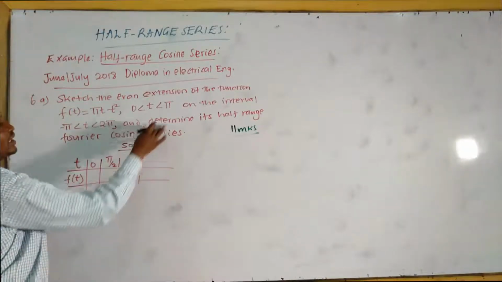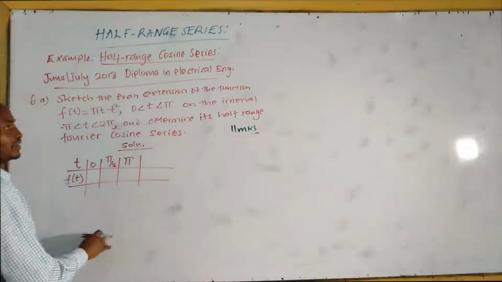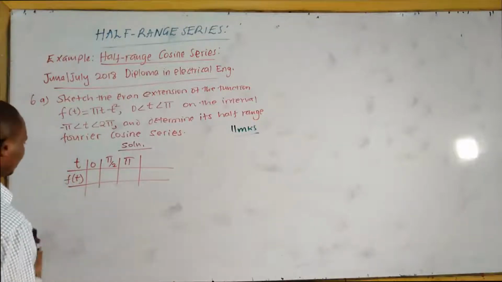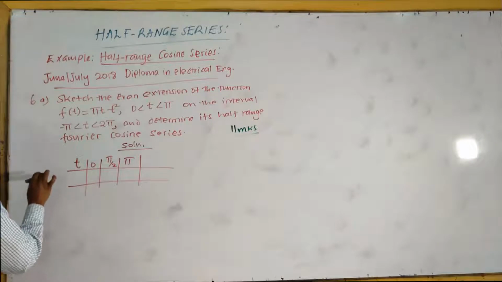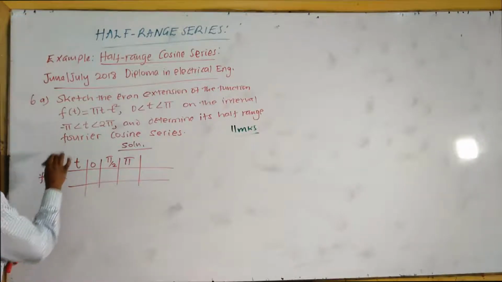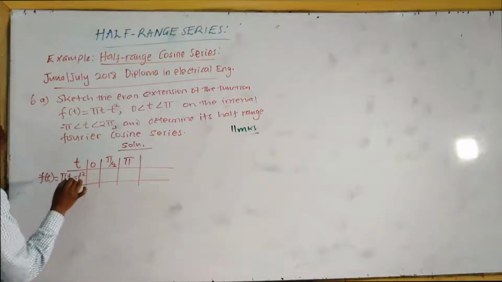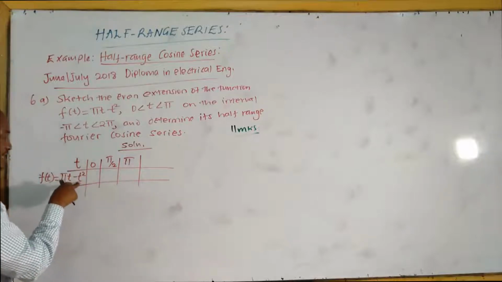And then you take pi. Function of t is equal to pi t minus t squared. When t is equal to 0, put 0 here, put 0 here.